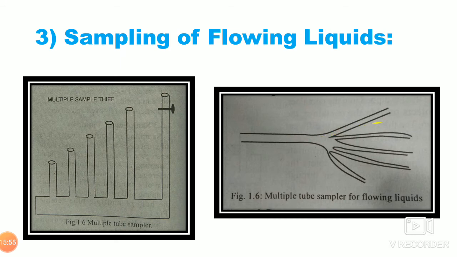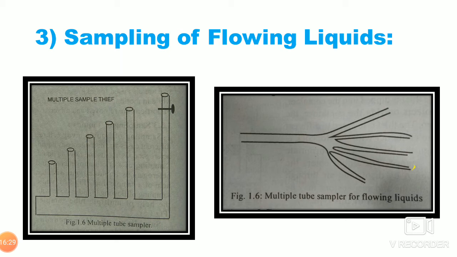When we insert this multiple tube sampler, these shorter tubes are useful for selecting the sample from the upper layer of the pipe liquid. This is for the middle layer, and these tubes are useful for the bottom layer of the liquid. This is the sampling apparatus, or you can say multiple tube sampler. Both figures are the same.